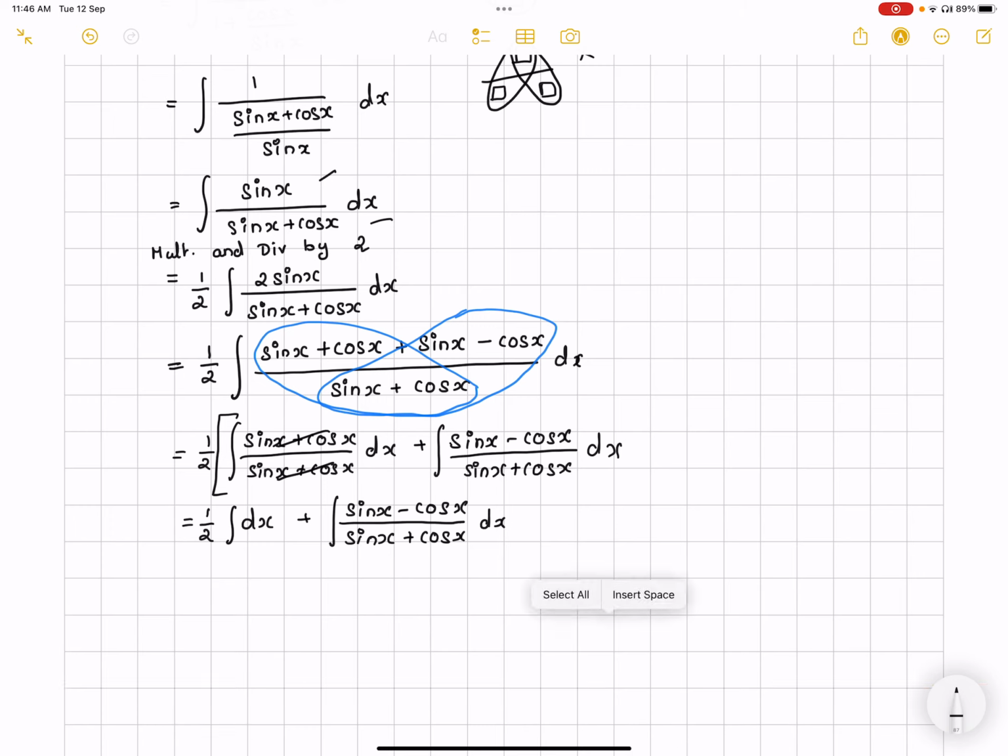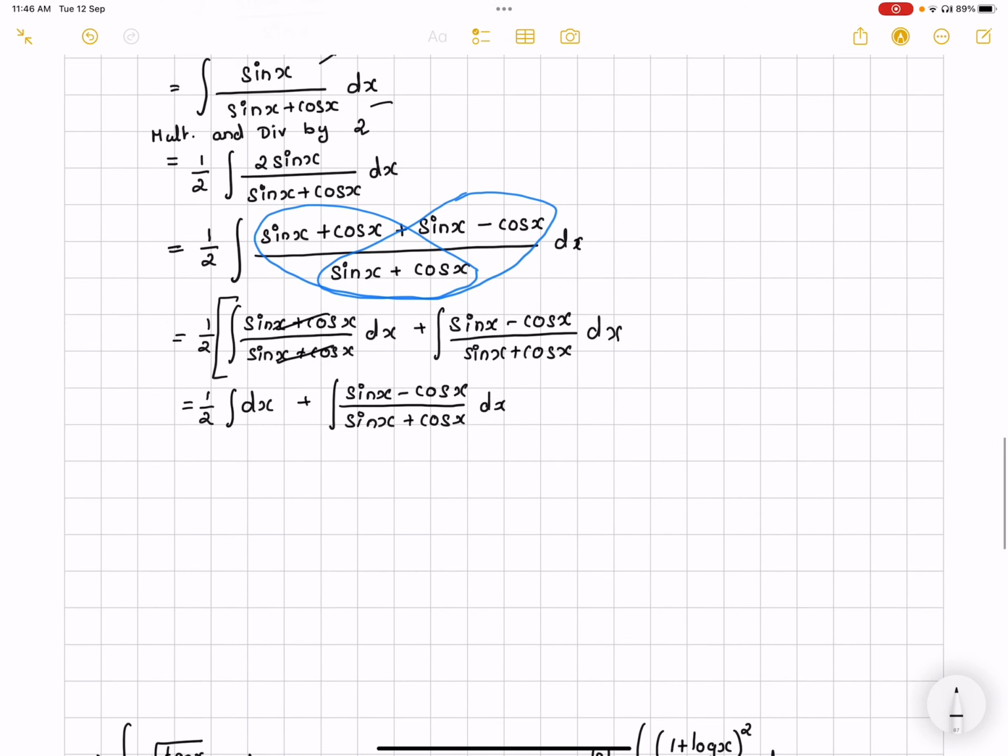I think this problem is going a little bit big when compared to all the other problems we did earlier. So now here, let me integrate this part, half of x, plus what I have here. Okay, I'm considering it as half I have left out, half I1. Now I1 is equal to integral sin x minus cos x divided by sin x plus cos x dx.